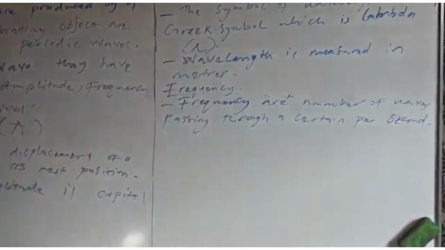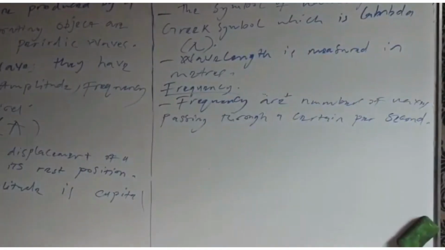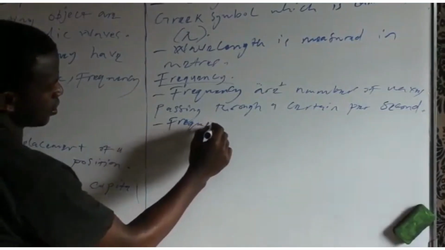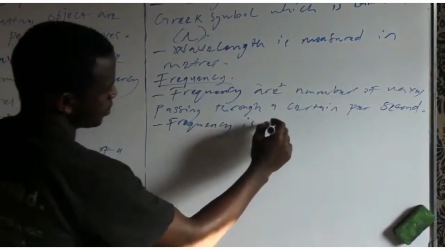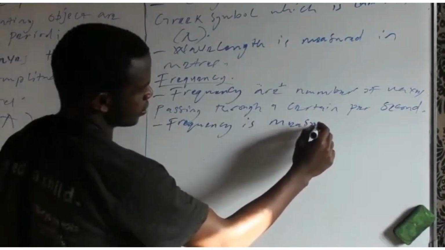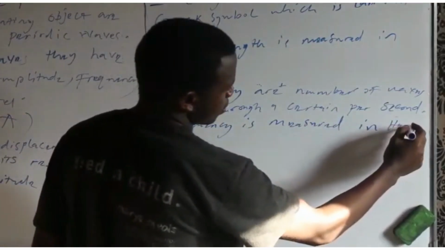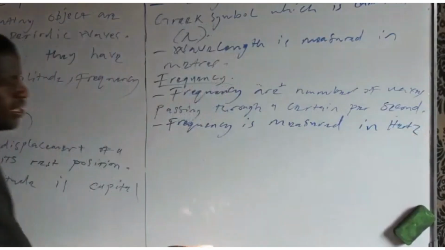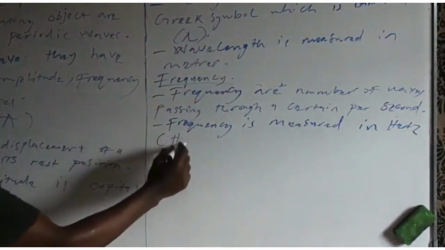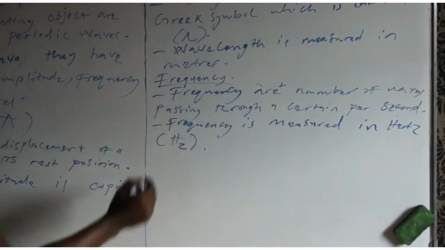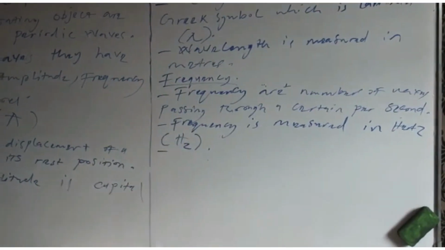Then frequency is measured in Hz. And the symbol of Hz is a capital letter H and a Z. Then the symbol of frequency is F.